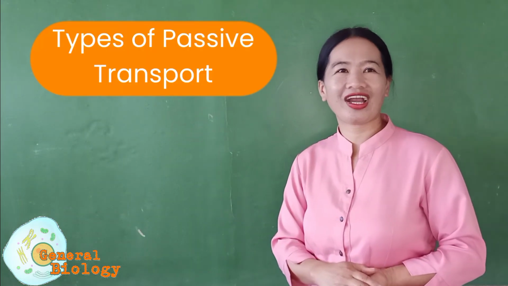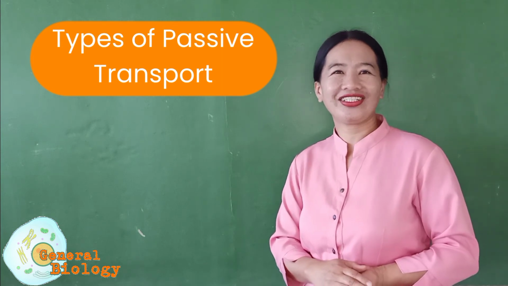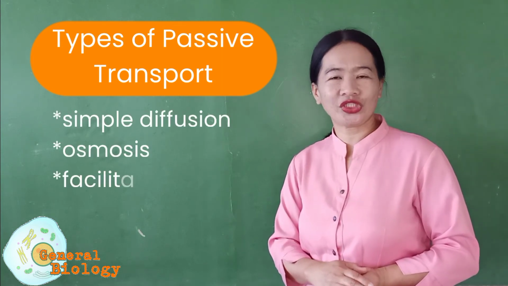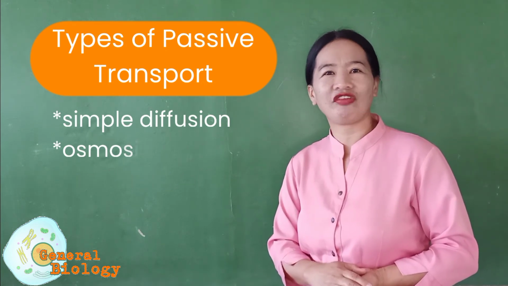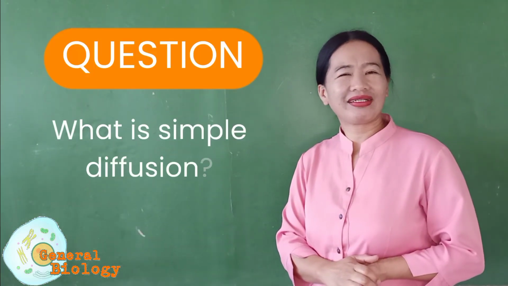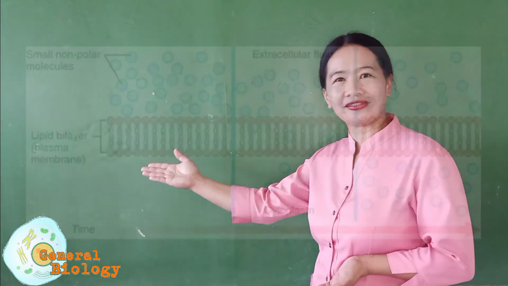There are three common types of passive transport. These include simple diffusion, osmosis, and facilitated diffusion. What is simple diffusion? Let us look at this picture.